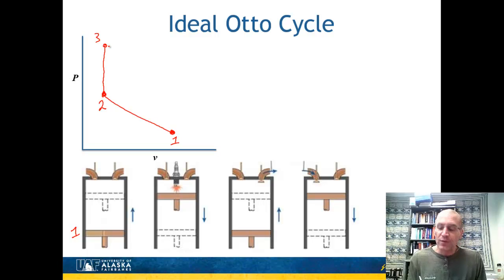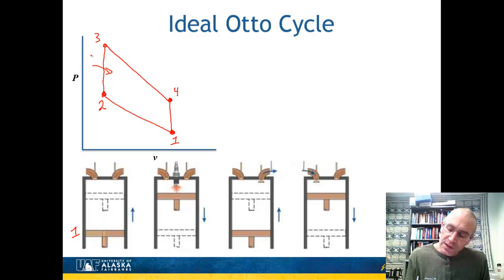Then we have what's called the power stroke. The piston moves downward to point 4, and then exhaust begins, the exhaust valve opens, and we complete the cycle and return to point 1.